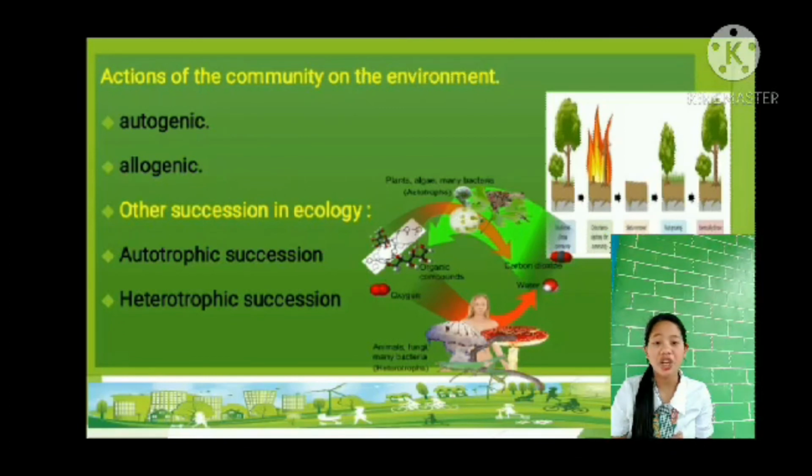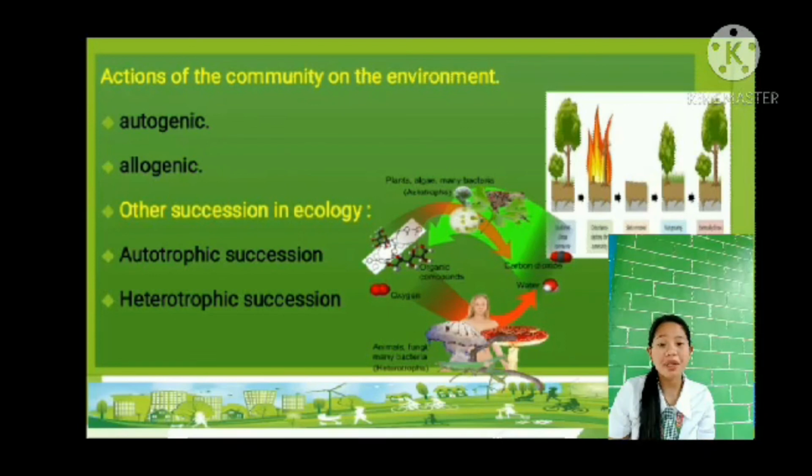Heterotrophic succession is characterized by early dominance of heterotrophs, so predominantly it is organic matter. For example, in a stream heavily polluted with sewage, energy is maximum at first, but in the long run it gradually declines. So that is the difference between autotrophic and heterotrophic succession.